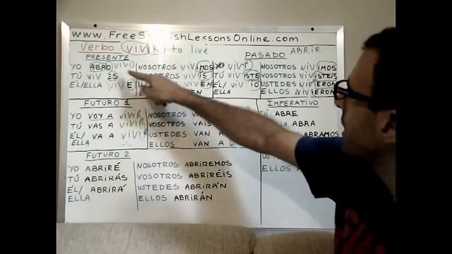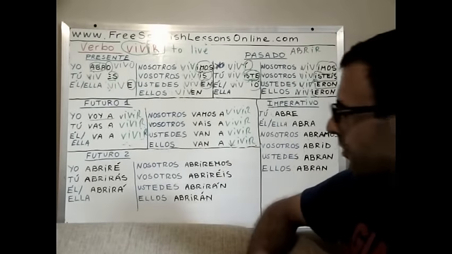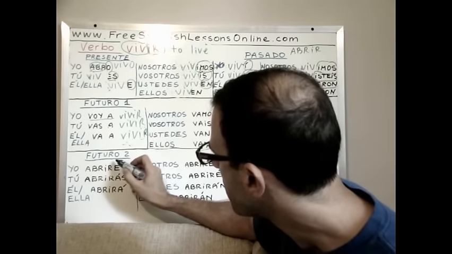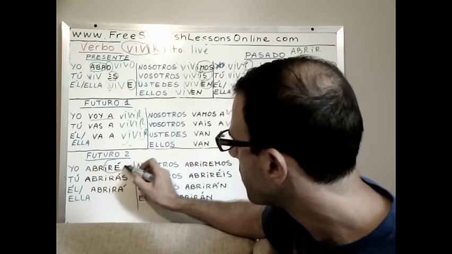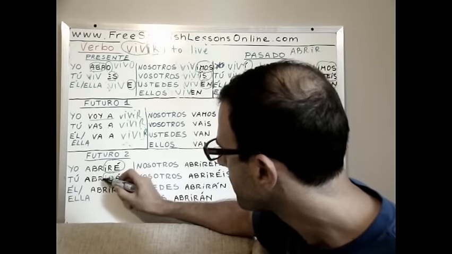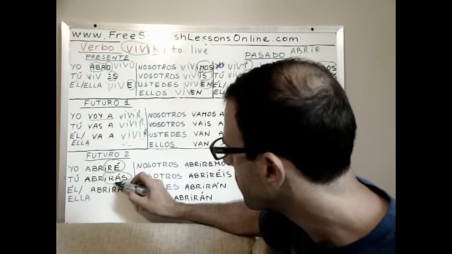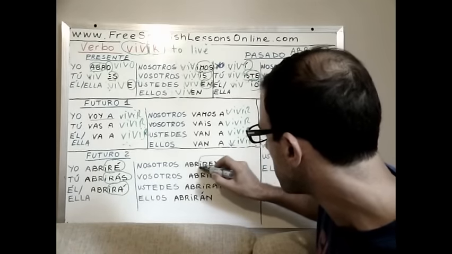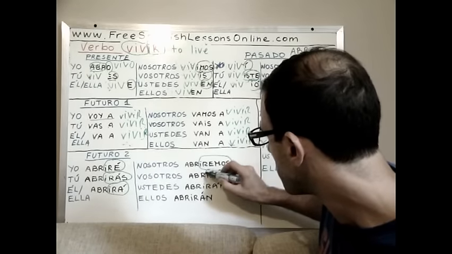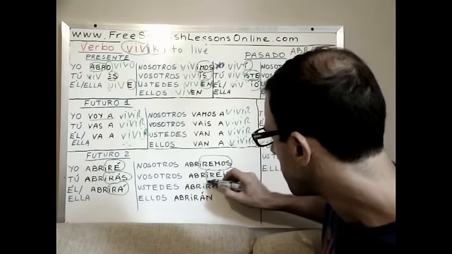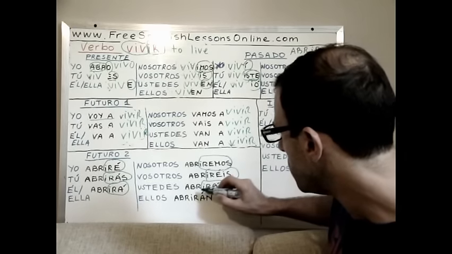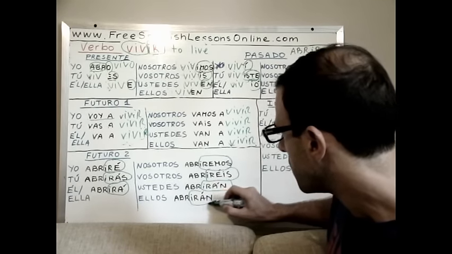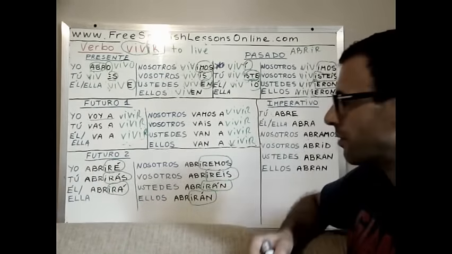The other future that we have here, we'll do the same thing as with present and past. We'll recycle the ending, right? And we'll just replace the root of the verb, right? The ending remains the same because we are conjugating a regular verb.